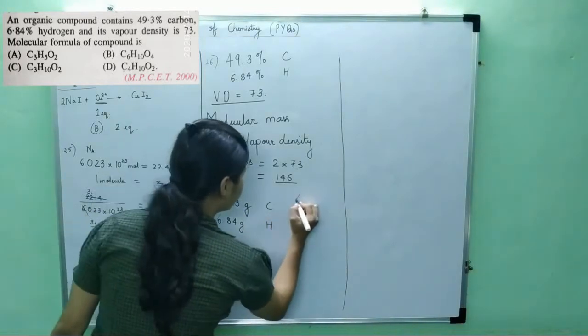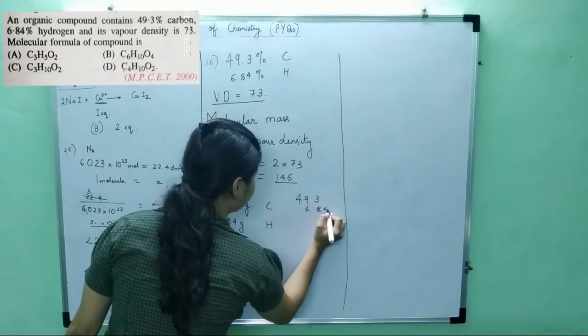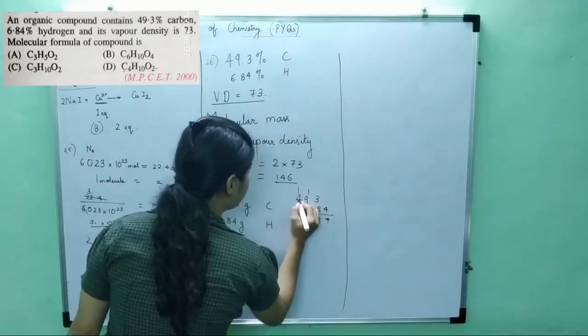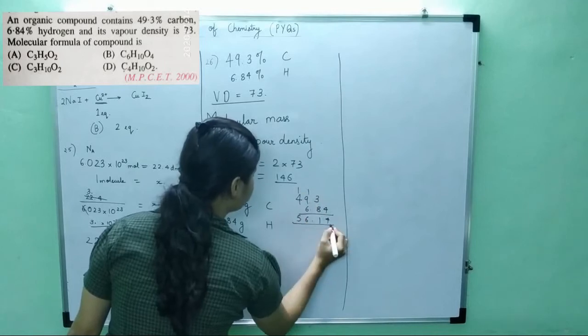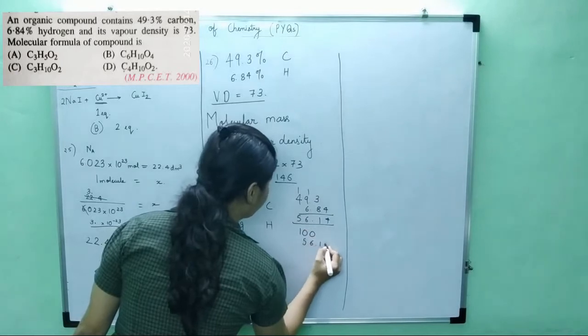So if we add these two, what will we get? 49.3 and 6.84 comes out to be 56.14. So I'll have to subtract 56.14 from 100.